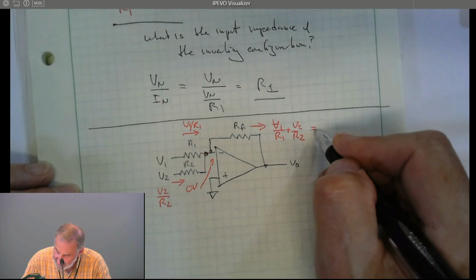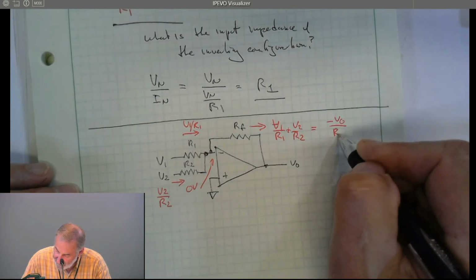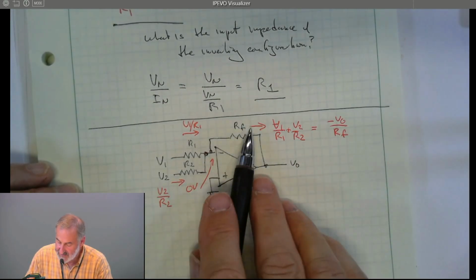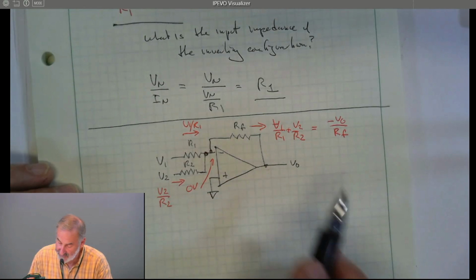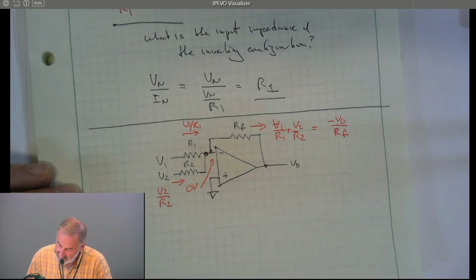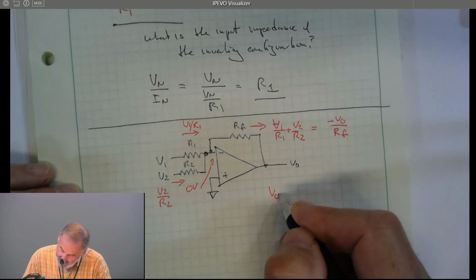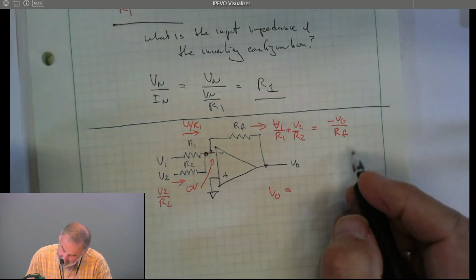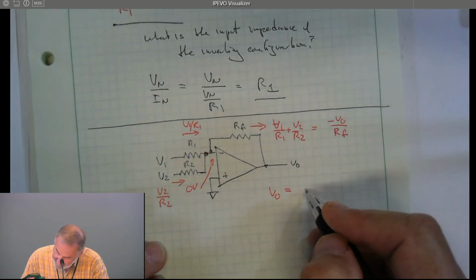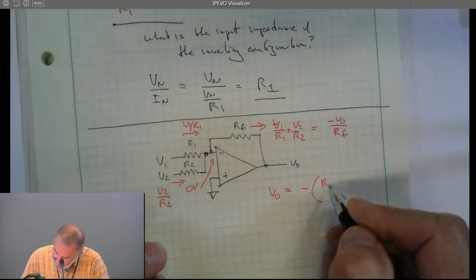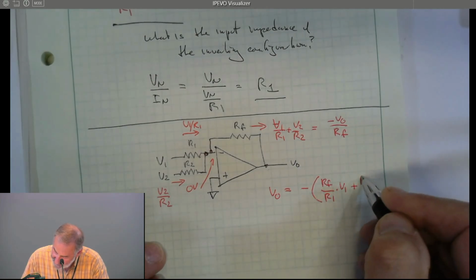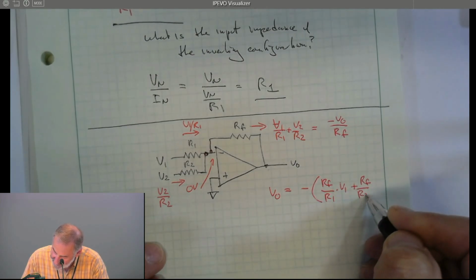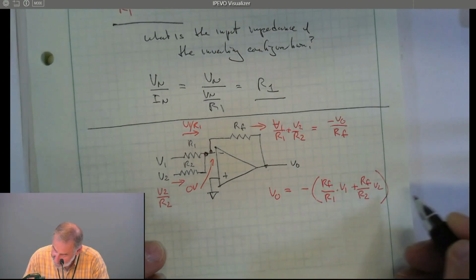But it's also equal to minus V out over RF. Minus because the way I've drawn the current, it's this voltage minus that voltage over RF. All right, so V out is equal to minus RF over R1 times V1 plus RF over R2 times V2.